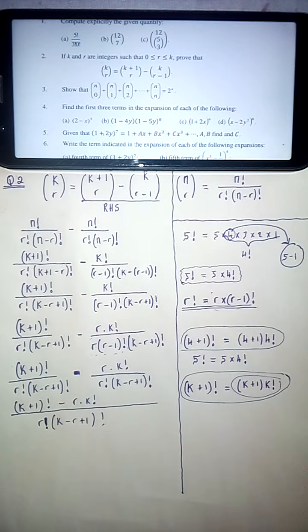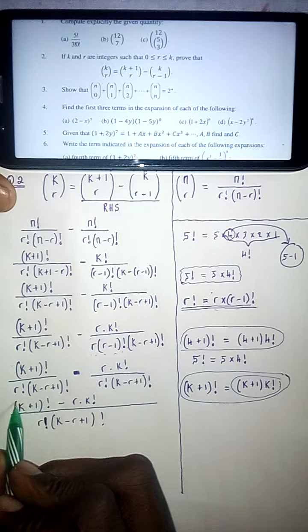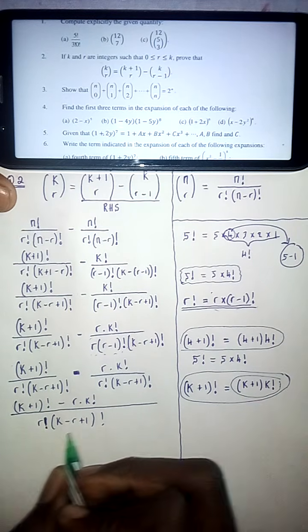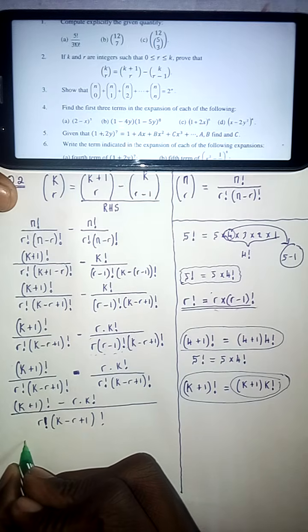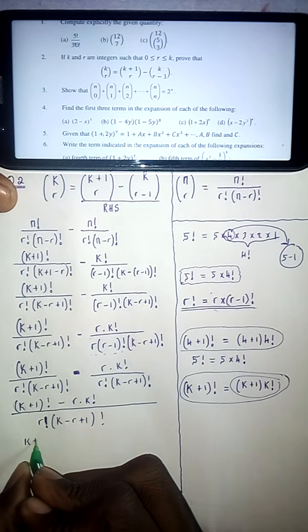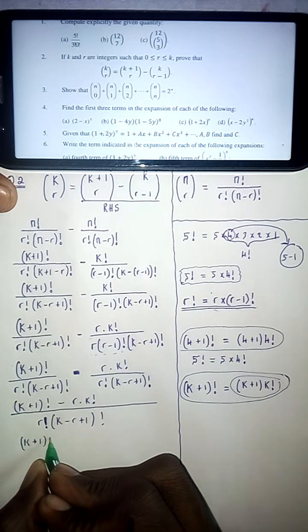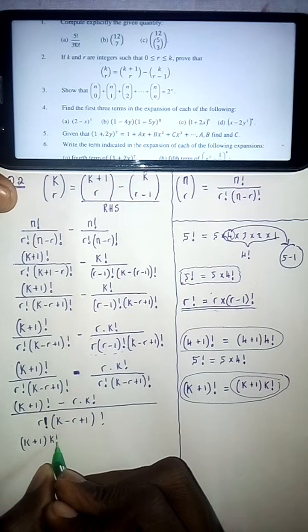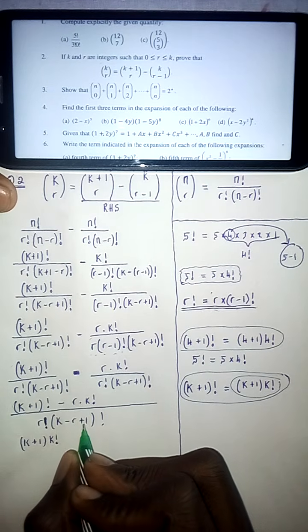All right, guys. Now let's replace this with this. In this case, we're going to have k plus 1, then k factorial, right?